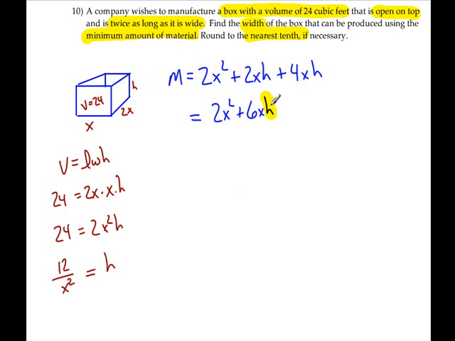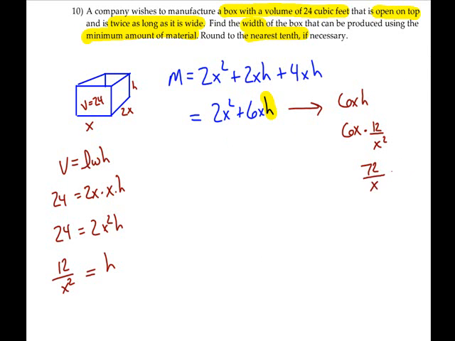I can substitute that right in here. In fact, let's pull off just the 6xh and replace h with 12 over x squared and see what we get. Well, 6 times 12 is 72, and x over x squared is over x.